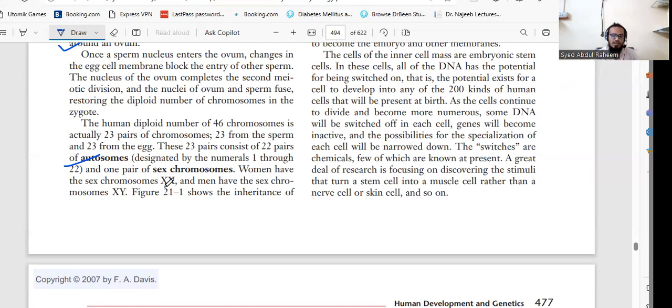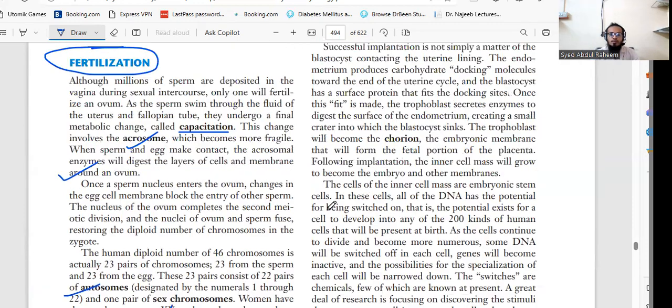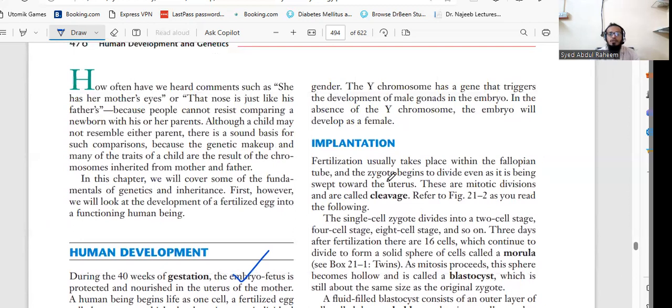Women have the chromosomes XX and men have the chromosomes XY. The Y chromosome has a gene that triggers the development of male gonads in the embryo. In the absence of the Y chromosome, the embryo will develop as female.